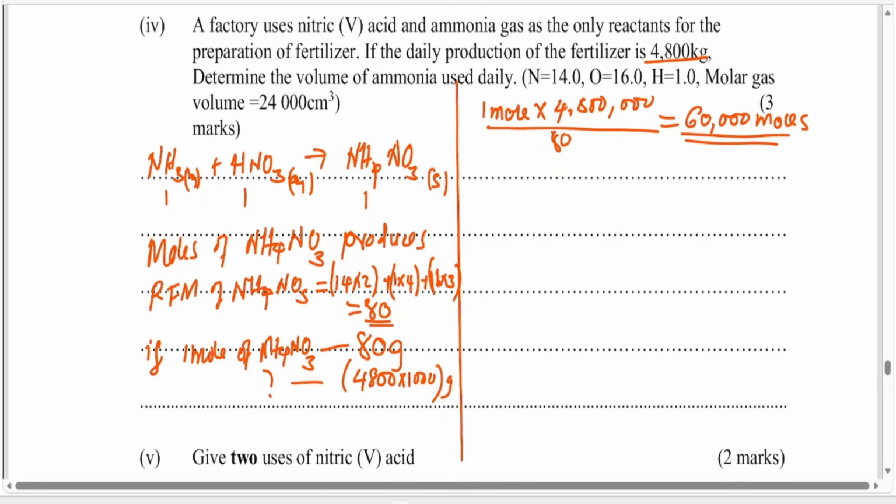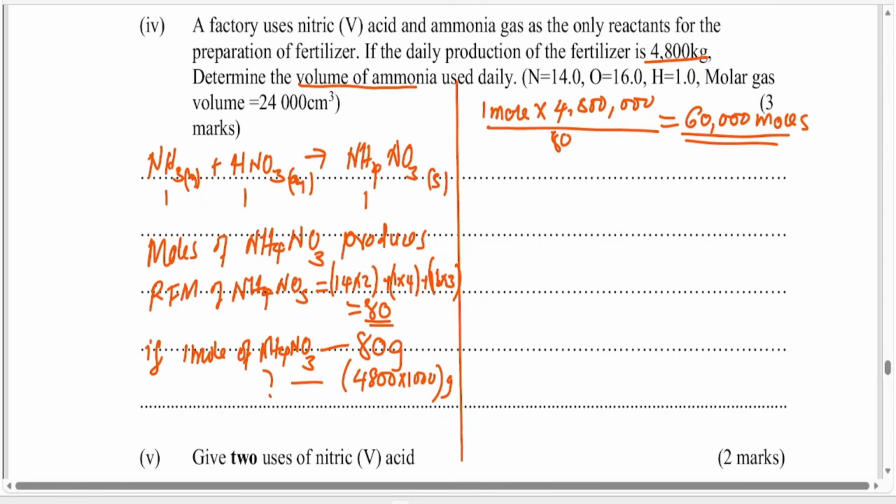So what about 4,800,000 grams? Because my aim is to determine the volume of ammonia gas, I'm not interested now in the ammonium nitrate fertilizer that was produced. I'm focusing on the ammonia. Now I come back to the formula.